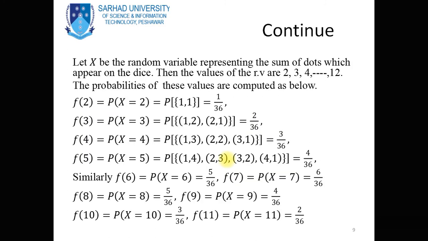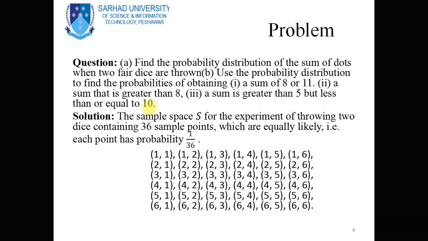Because in the second description you see over here, to use the probability distribution to find the probabilities of obtaining a sum of 8 or 11, and number 2, a sum that is greater than 8. Now the third part, a sum greater than 5 but less than or equal to 10.